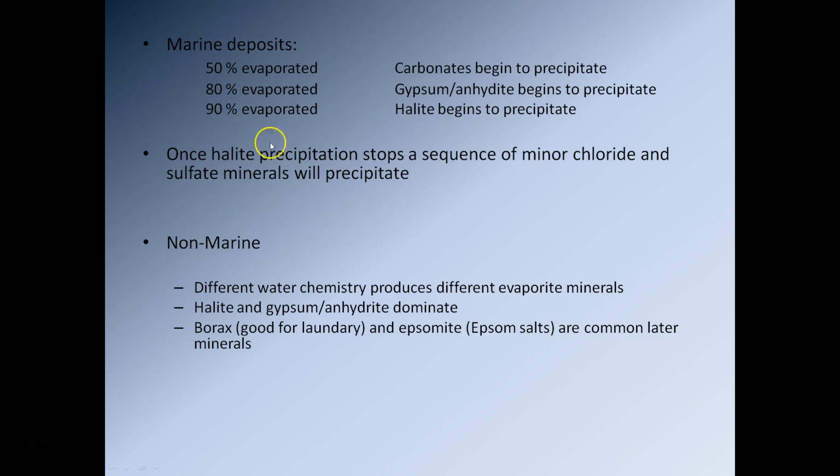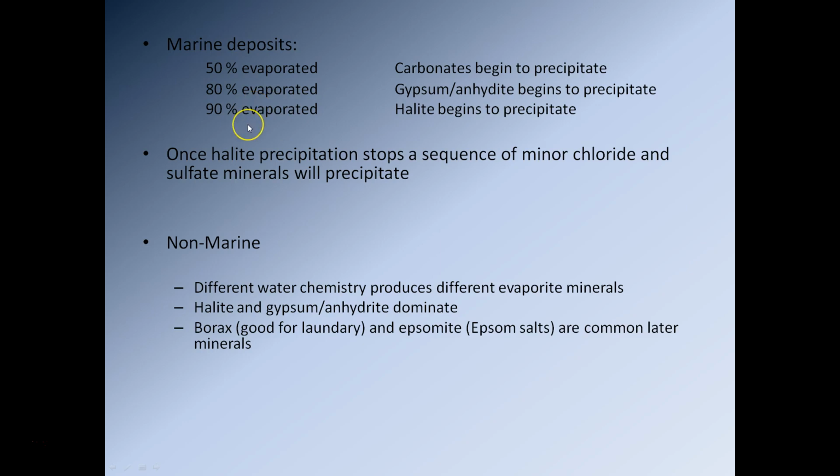And once you've evaporated 90% of the seawater, you will begin to see halides, that's salt, beginning to precipitate. Once halite precipitation is complete, you then get a sequence of minor salts and minor sulfates being precipitated out afterwards. But on the whole, you have this very common arrangement where you have carbonates at the bottom, covered by gypsum, covered by halite.